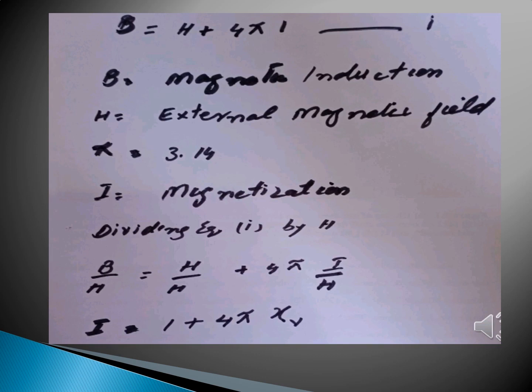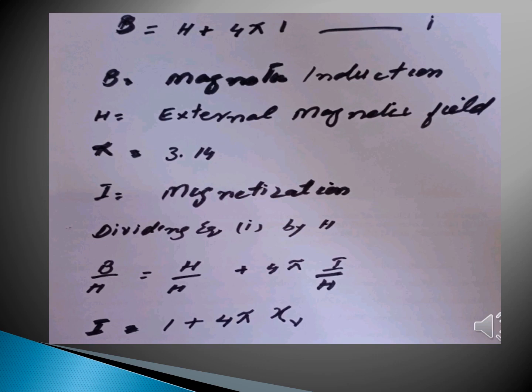This is the equation for magnetic induction. B is equal to H plus 4 pi I, where B is magnetic induction, H is the external or applied magnetic field, the value of pi is 3.14, and I is magnetization.